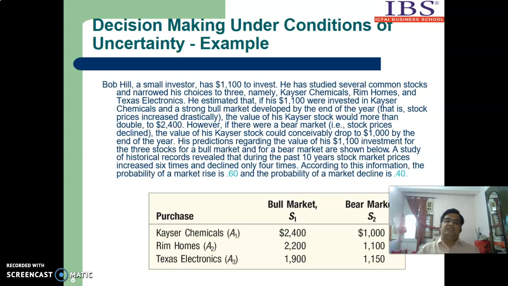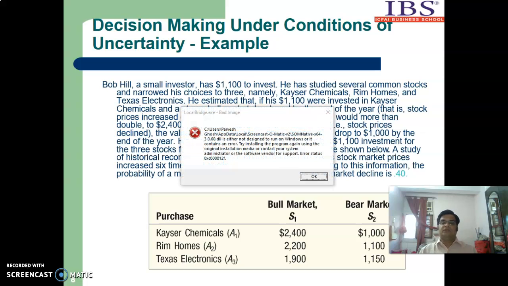Now if we study the payoff table, when the investor purchases Kaiser Chemical, two conditions may happen. If the market in future is bullish, he will get a return of $2,400.